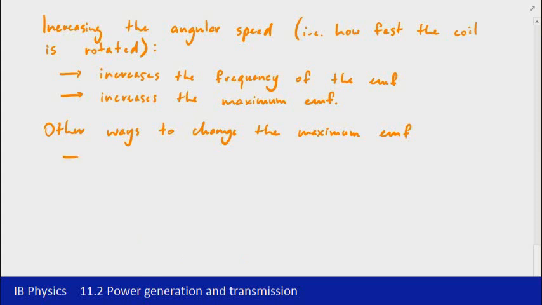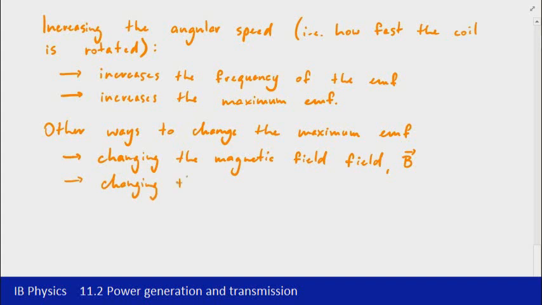So the first way that we can change the EMF is by changing the magnetic field strength. If we increase the magnetic field strength, we're going to increase the flux, and so that will generate a greater EMF. The second way is by changing the area of the loop, or of the coil itself.